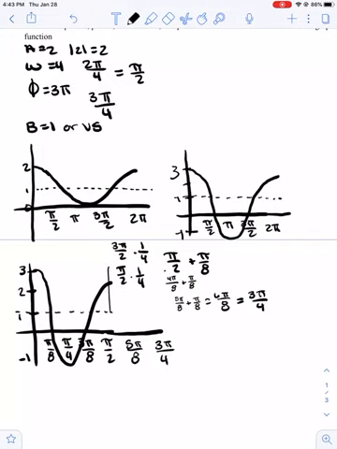So we're shifting each of these, because if we look at pi over 2, and we're moving over to that 3 pi over 4. So this is how many? This is 1, 2, 3, 4, 5, 6. So we're moving this 6 over.